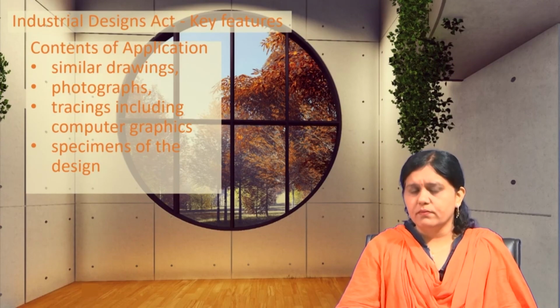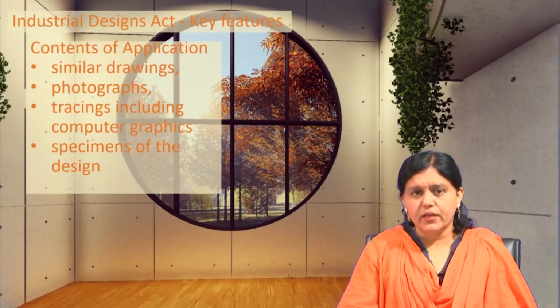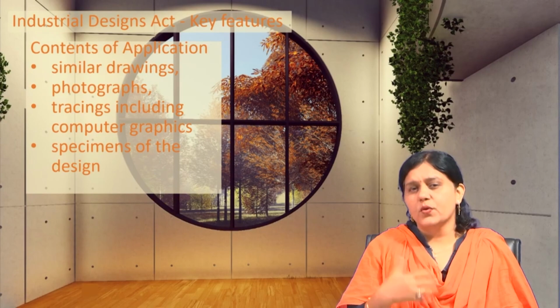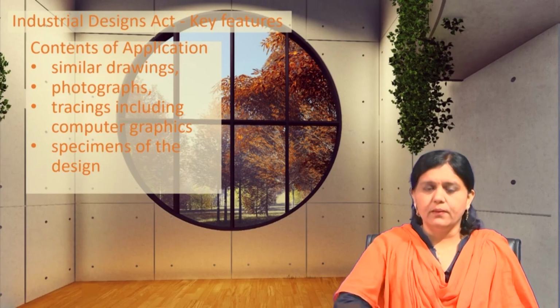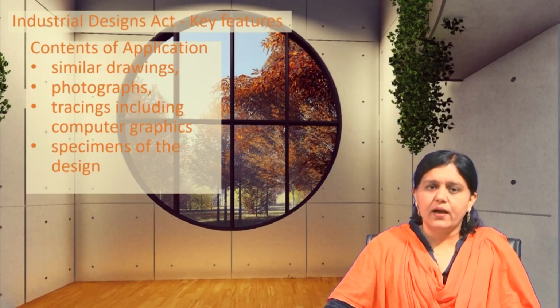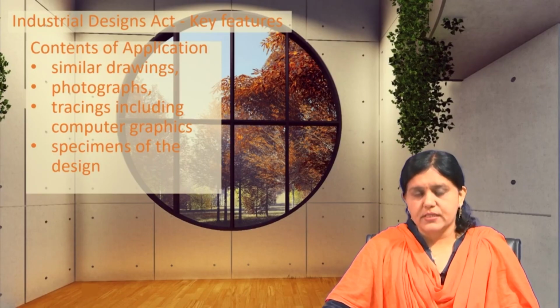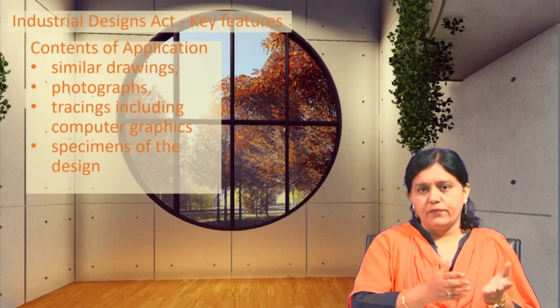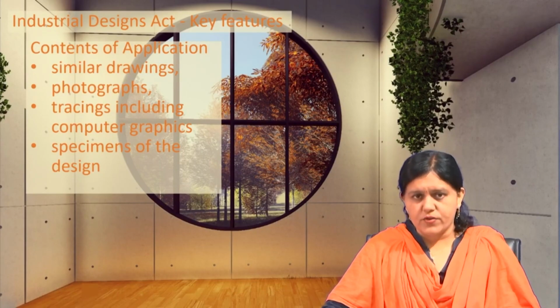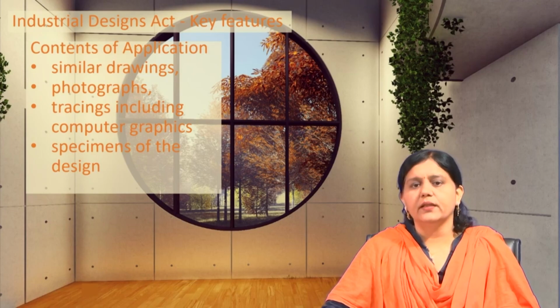You can make the application anywhere in any of the 4 patent offices, but the processing of the application will happen in the Kolkata office only. So, in the head office only, industrial design will be handled, and examination will be handled only in the Kolkata office. You can apply anywhere, but it will go to the head office only, and all processing will be done there.